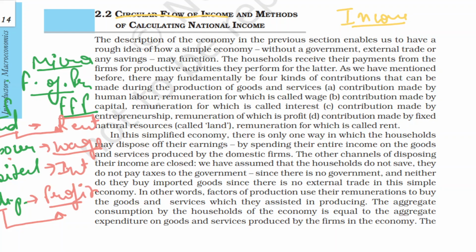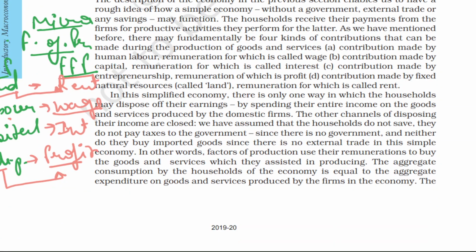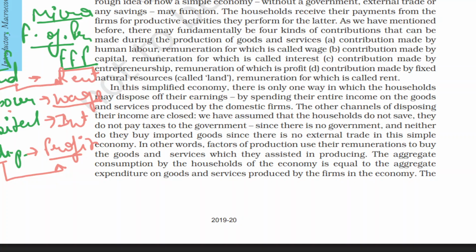Right, now the second thing you need to know for this particular topic is that in an economy there are different components. In microeconomics we studied that there were basically three components: consumption, production and investment. Same in macroeconomics, we have different types of economies where different components come into play.